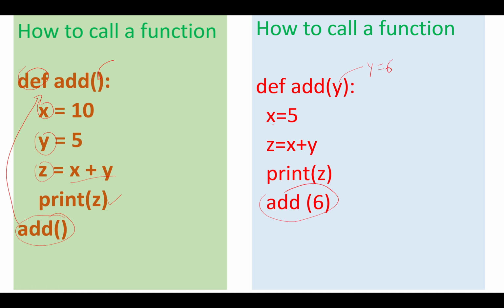Inside this function we take two variables, x and z. x is 5, and we know the argument y is 6. Then we add these two variables and store the result in variable z, and we go for the printing process. So this is all about calling a function. These are the two different ways we have to call a function.